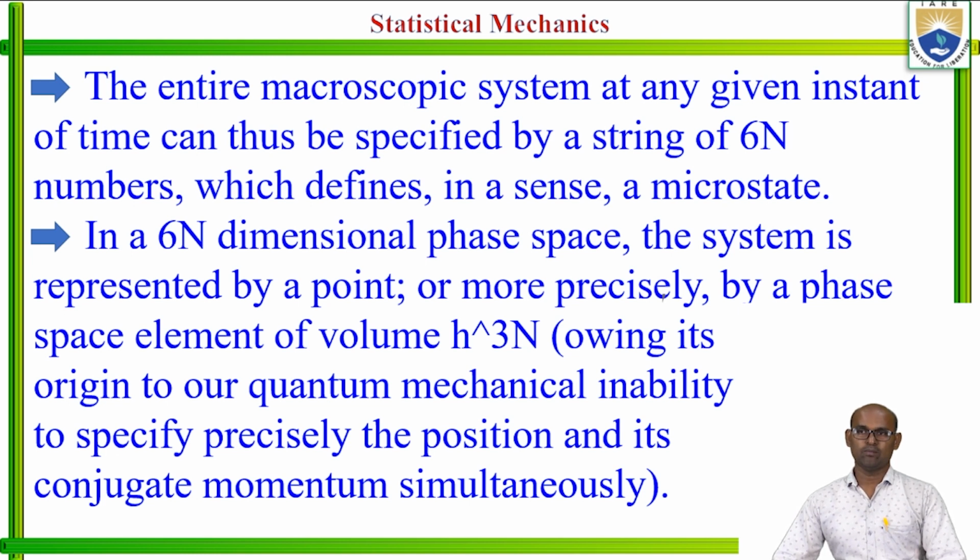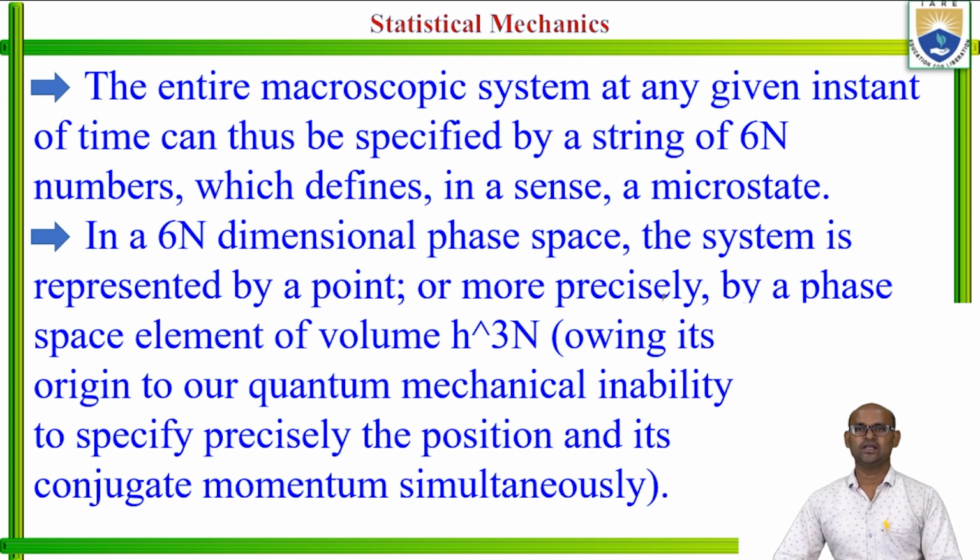So to define a microstate for this macroscopic system of a gas, which consists of Avogadro number of atoms, N, roughly 10 power 23, we need 3 position coordinates and 3 momentum coordinates each. Totally, we need a string of 6 into 10 power 23 numbers to specify a single microstate.